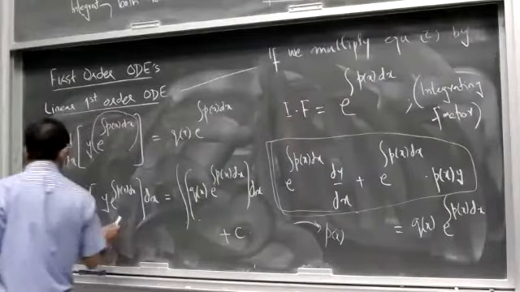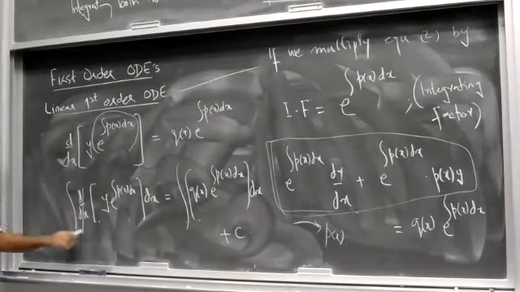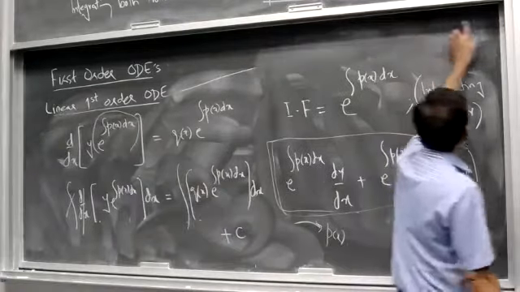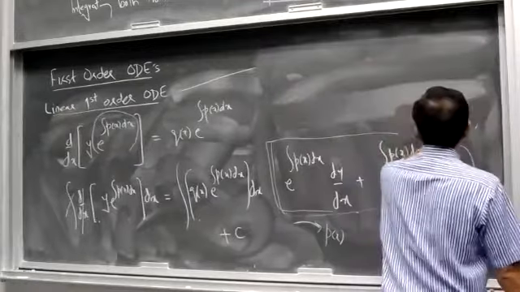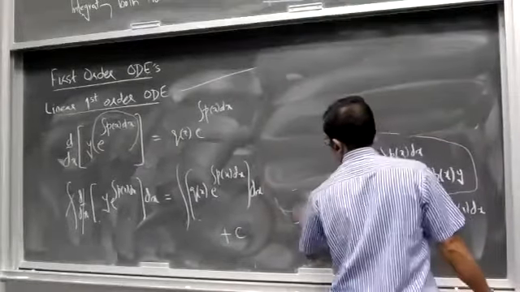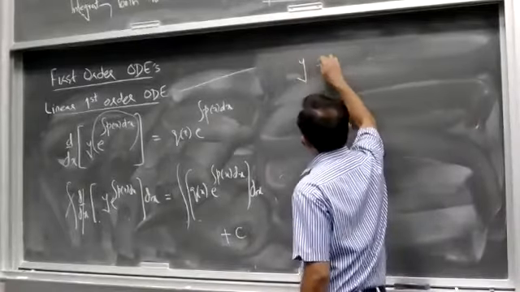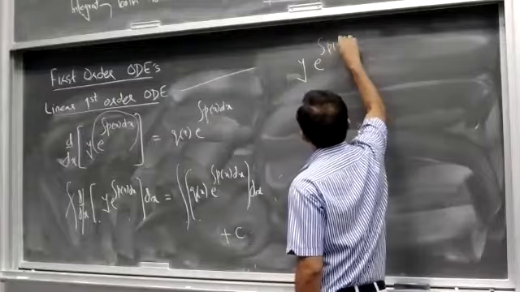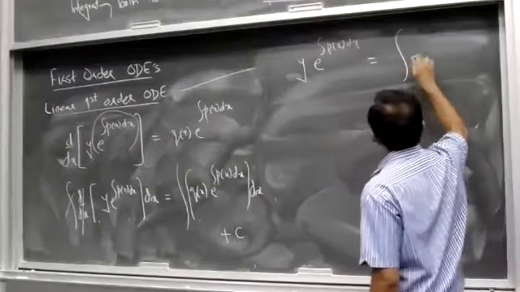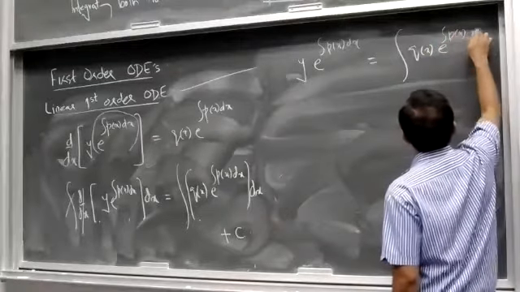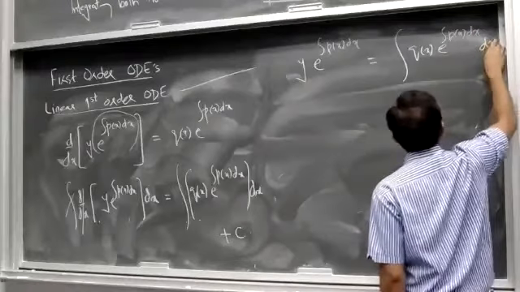But here in this term, we have a derivative and integral. This derivative and integral cancel with each other. And what do we obtain here? We obtain y times e raised power integral p of x dx is equal to integral of q of x e raised power integral of p of x dx, and then whole dx. Okay.